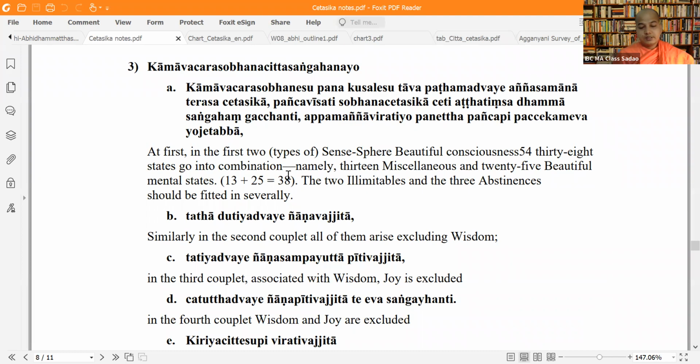That makes 38. The 2 illimitables and 3 abstinences should be fitted in severally. So in different other chittas, these also appear.